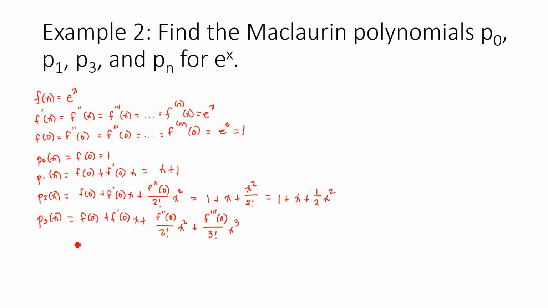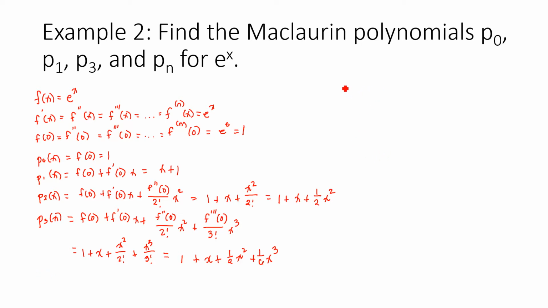So this can be formed as 1 plus x plus x squared over 2 factorial plus x cubed over 3 factorial, which is equal to 1 plus x plus 1 half of x squared plus 1/6 of x cubed.